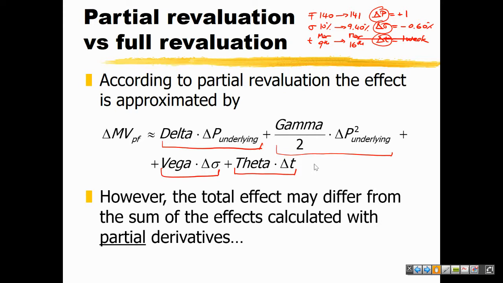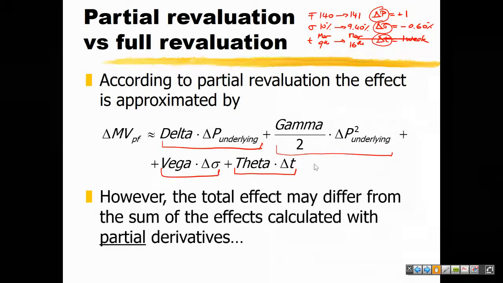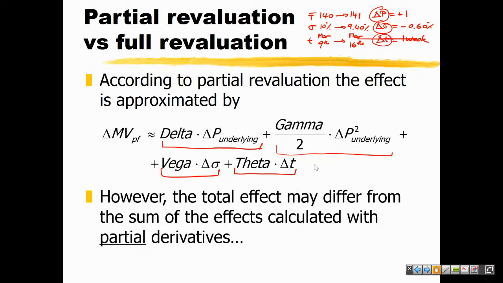Why? Because you are using partial derivatives. The logic in a partial derivative is to calculate the derivative of a function of multiple variables as if all the other variables were not changing. So they approximate better what happens if only, say, volatility changes and the price remains untouched and time does not change.